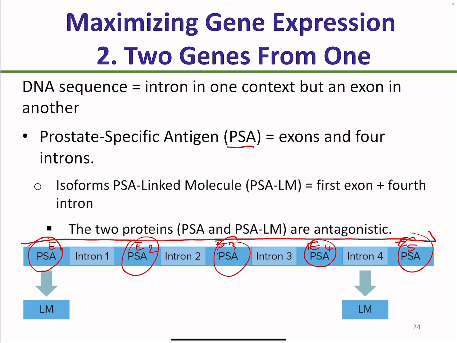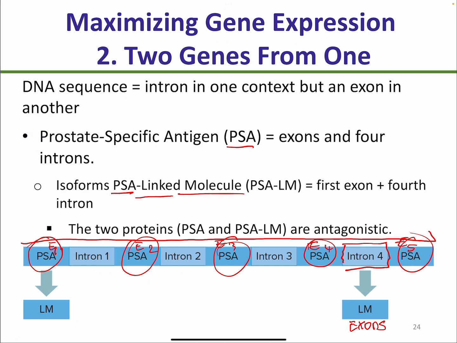However, that same gene can be expressed in such a way that exon number 1 of PSA, prostate-specific antigen, is going to combine not with any other exon, but with intron 4, in such a way that intron 4 represents an exon for the PSA-linked molecule.